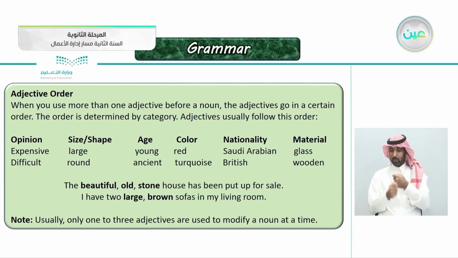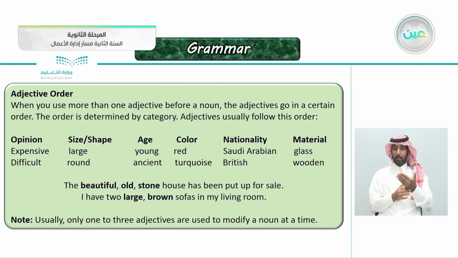The second example here, I have two large brown sofas in my living room. I have two large, so this is size, brown, color, sofas in my living room. As we can see here, size or shape comes before color.